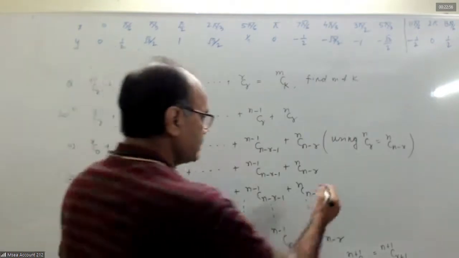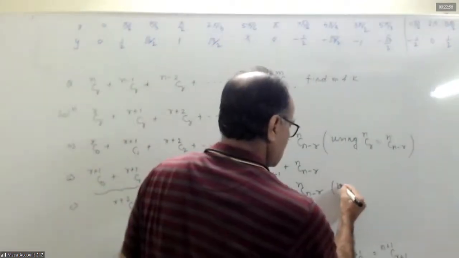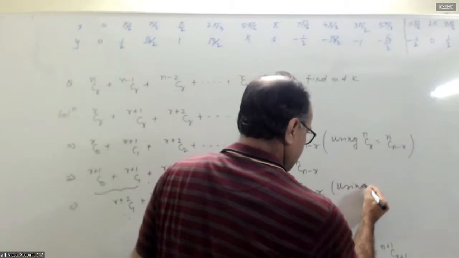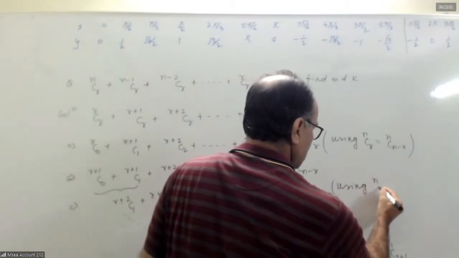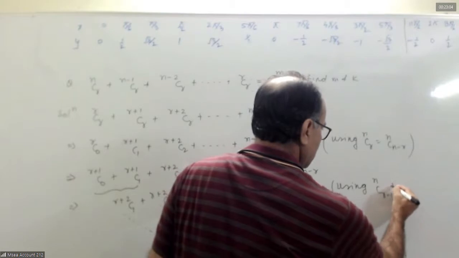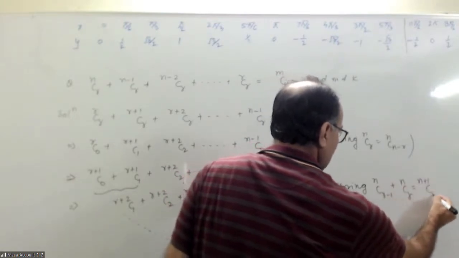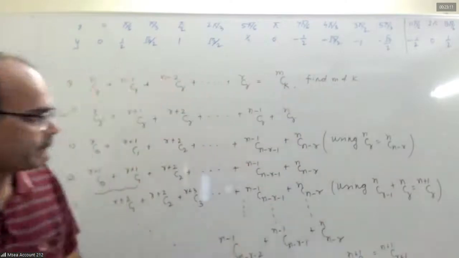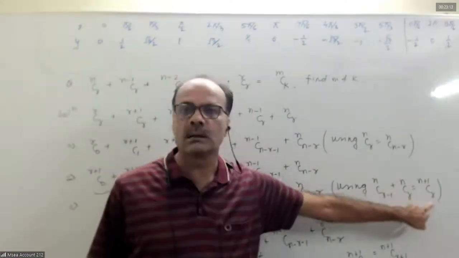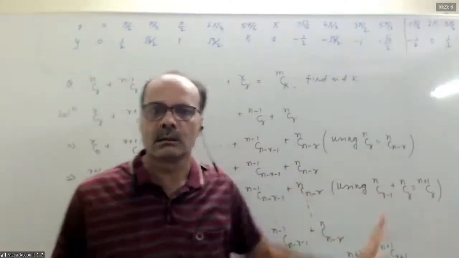After that I have used this result: nC(r minus 1) plus nCr equals (n plus 1)Cr. Is it visible? Yes, visible.